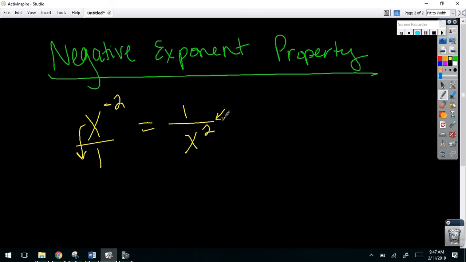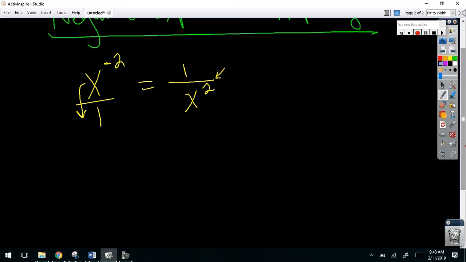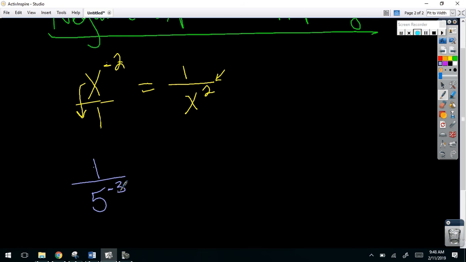What happens then if, let's say instead of starting out with a negative exponent up top, I started out with 1 over, we'll even say 5 to the negative 3.